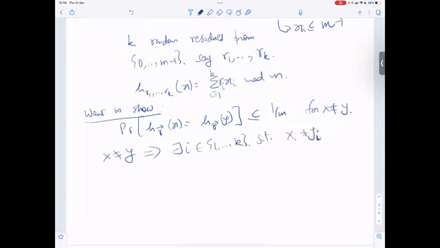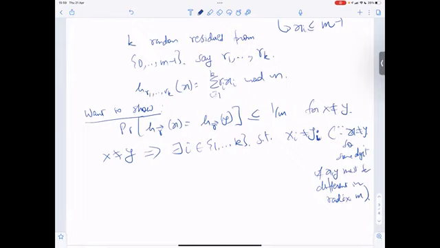All the digits of x and y cannot be the same. If they differ, there's some digit in which they differ in radix m. Correct?